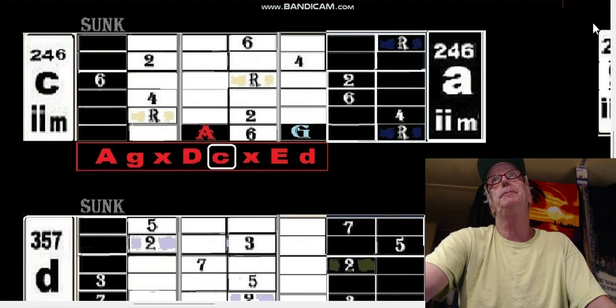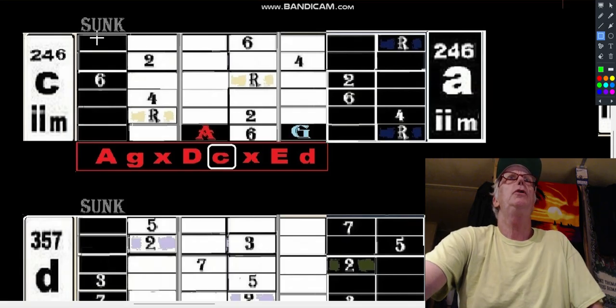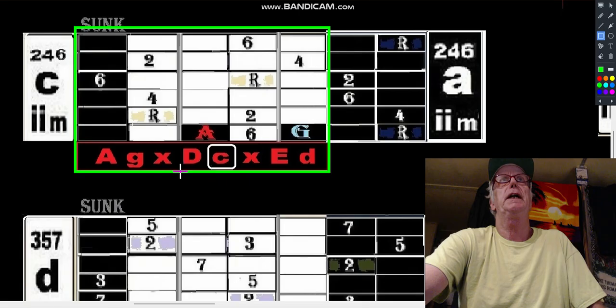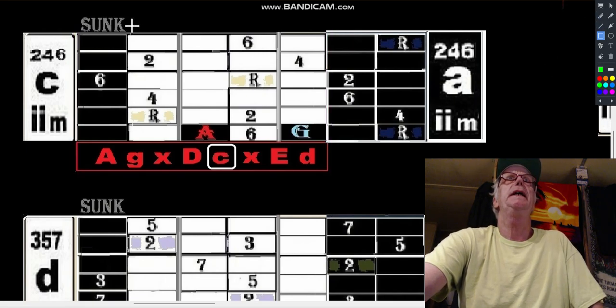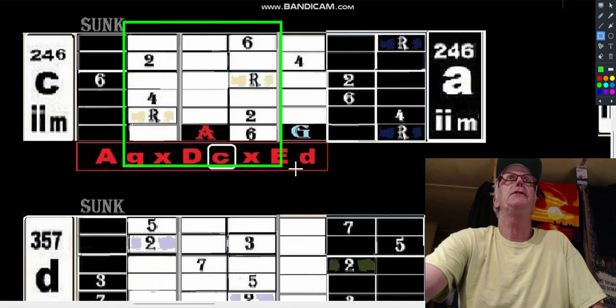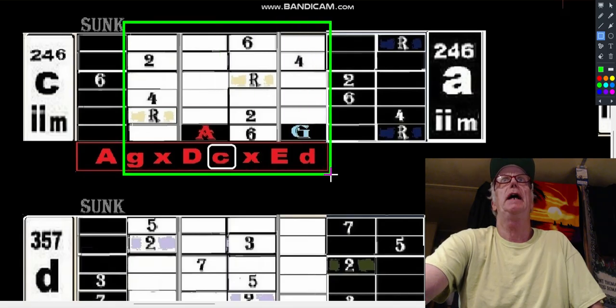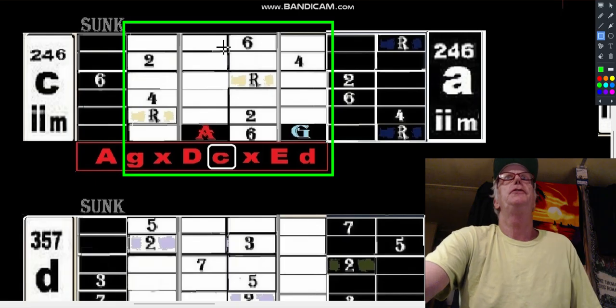So remember, we're no longer looking at the entirety of the A tripentatonic, ADE tripentatonic. We are only looking at playing these notes in the white zone here, in the highlighted zone here. This is all we have.